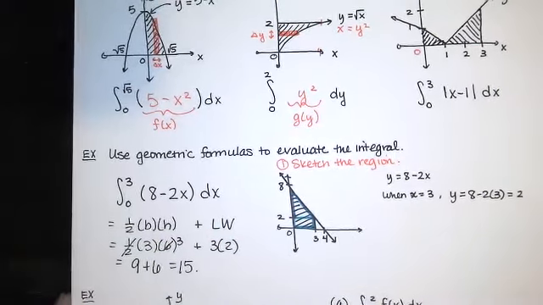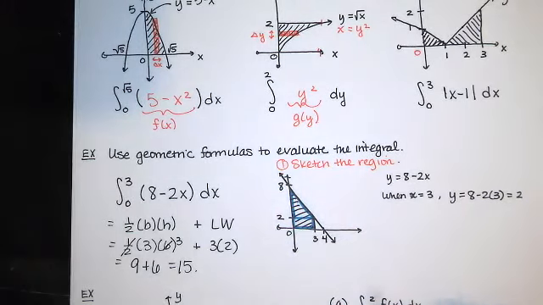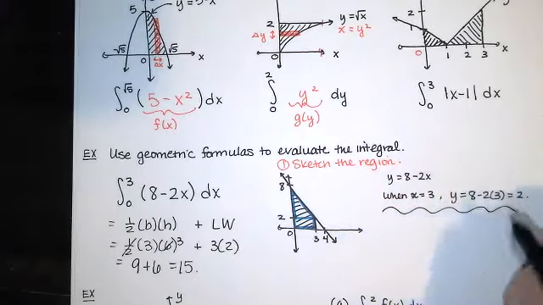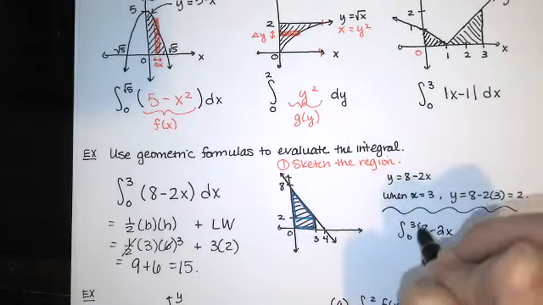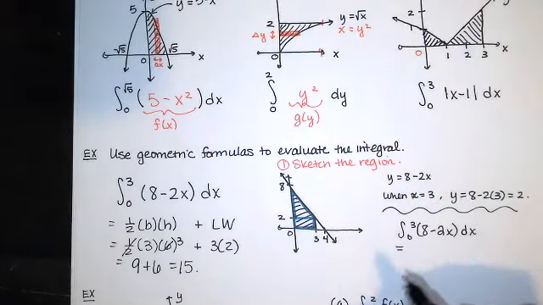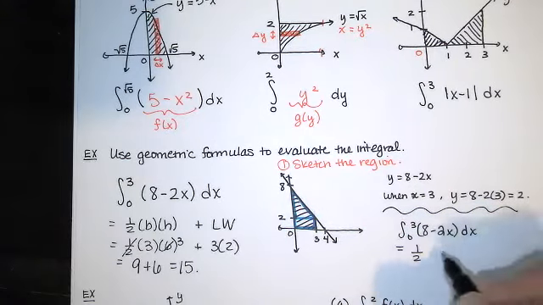That's the area. Now you could have also found the area of the larger triangle and subtracted the area of the smaller triangle. Let's just do that to confirm that we get the same answer. So the area of the larger triangle is 1/2 base times height.